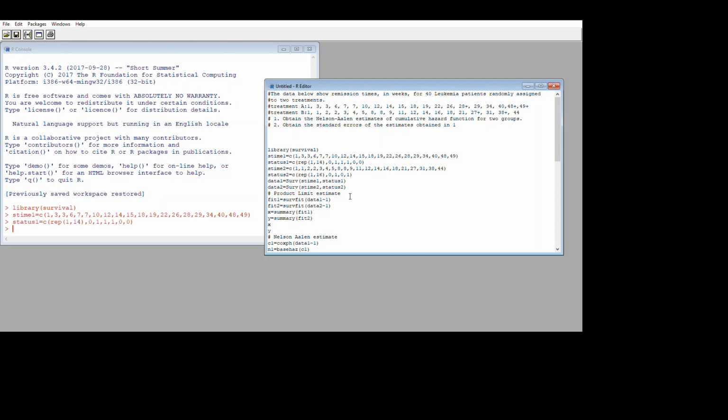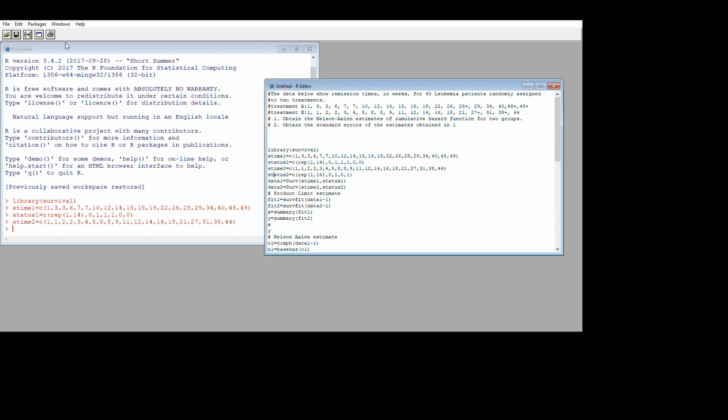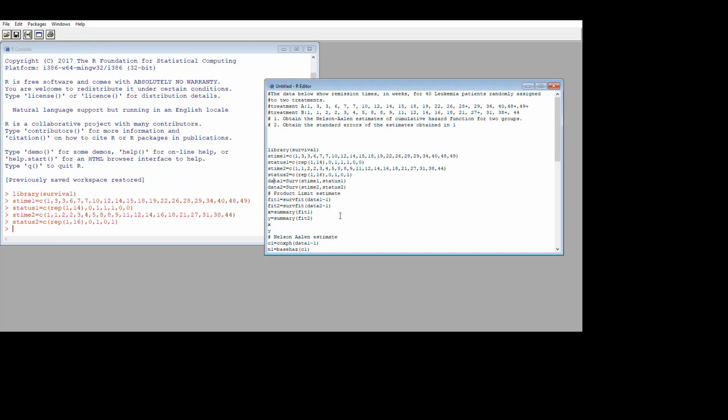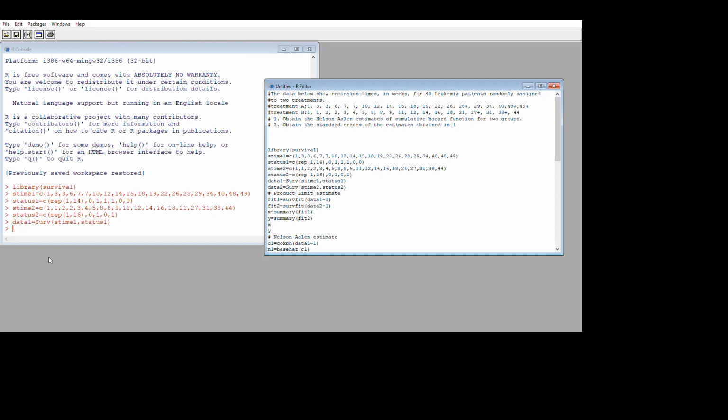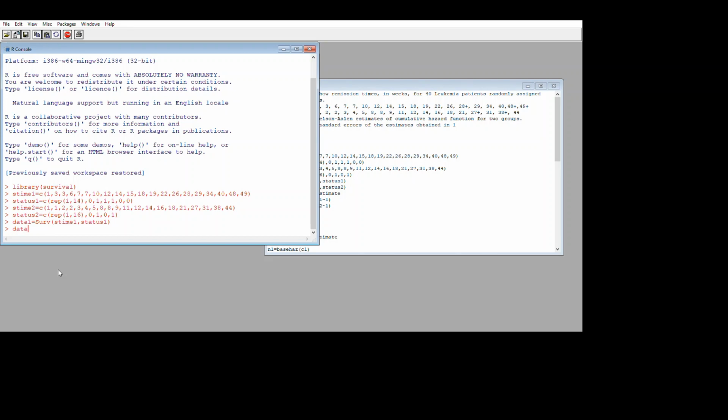Similarly, we enter the data for treatment B, S-time 2 and status 2. Then we run the command data1 equal to Surv of S-time 1, status 1. Now we can call data1.